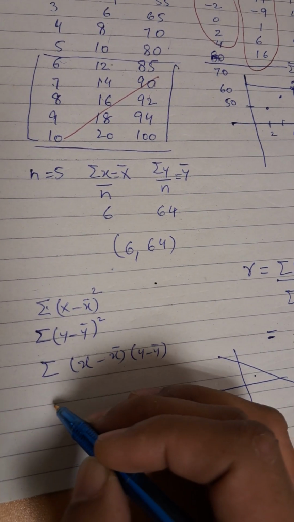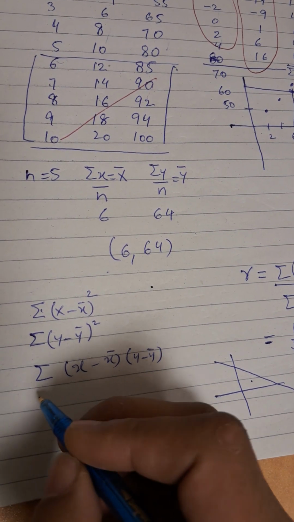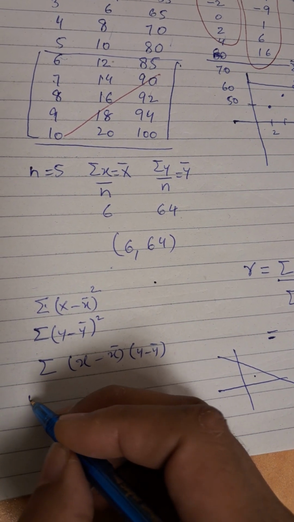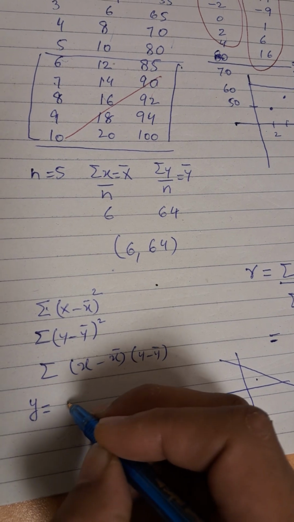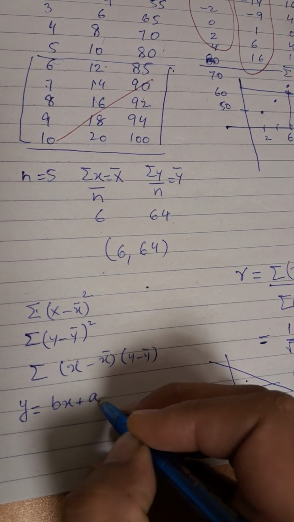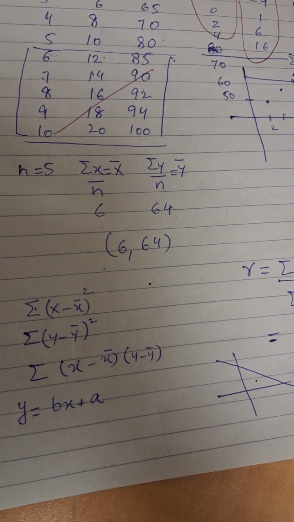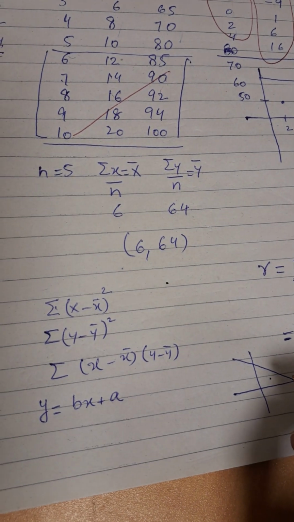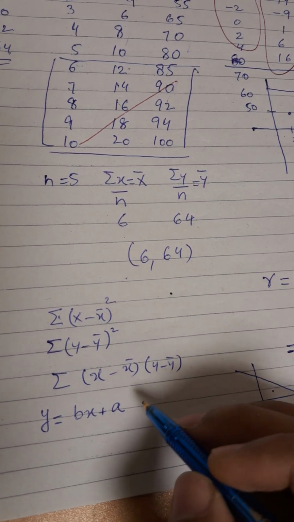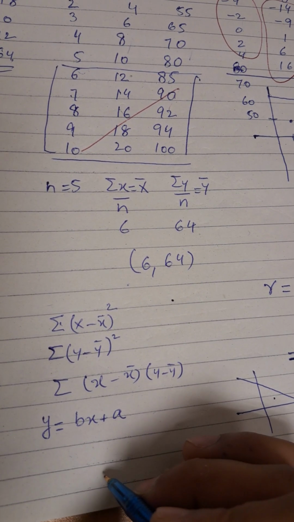For this particular case, we are not writing m and c, instead we are writing a and b, so it would be y equal to bx plus a, just to differentiate between this one and anything we would be doing later on.